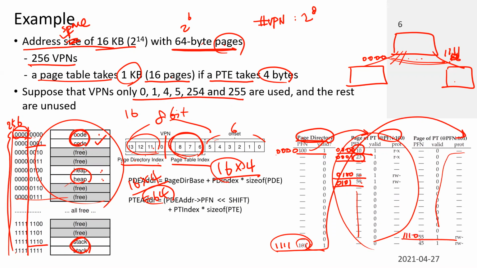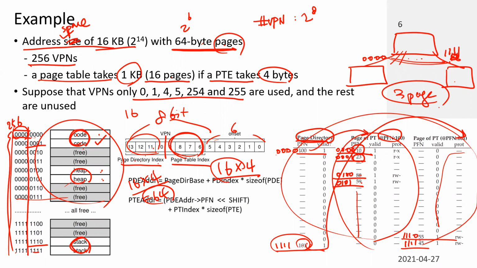This one is 1110, and this is 1111. Okay. So how many pages are now in use? Only within 3 pages, the whole information for the page table is fully contained. But it would take 16 pages if it were naively represented in the form of an array. So this is how we can save memory by using a multi-level page table.